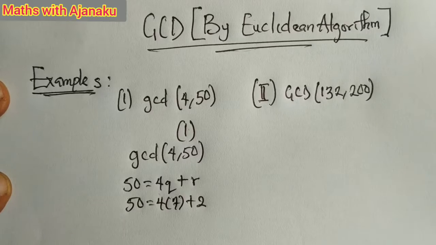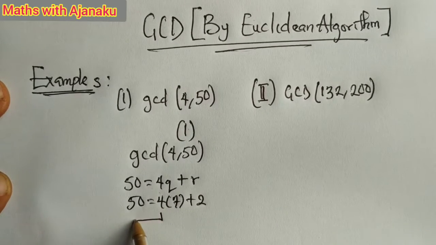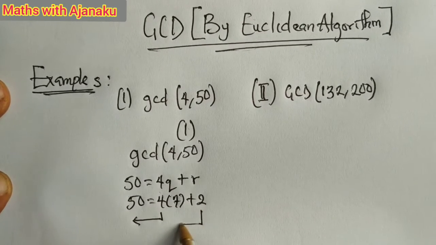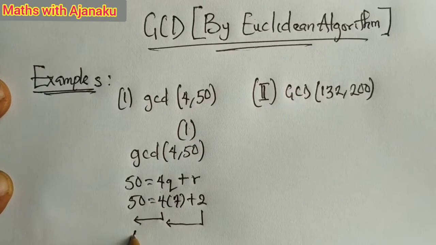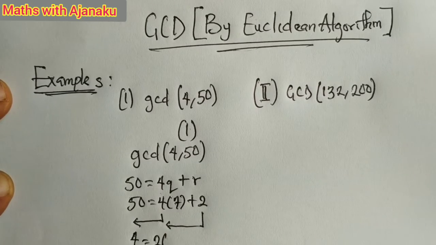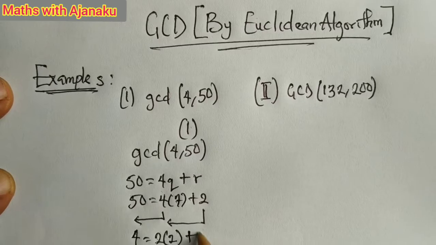So, after that, the shifting is 4 will come to the place where 50 is, then 2 will move to where 4 is, then the statement becomes 4 is equal to 2 times what will give me 4, that is 2, plus 0 being the remainder.